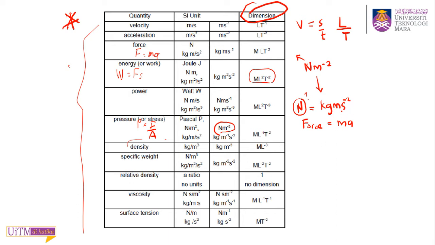And then how do you want to translate this into MLT? This is the mass, M, correct? And what is A? Acceleration. How can we find A?